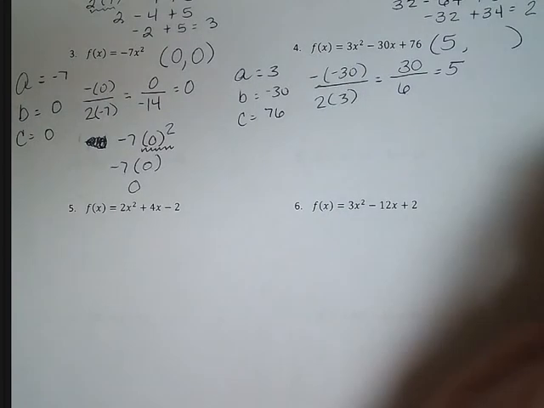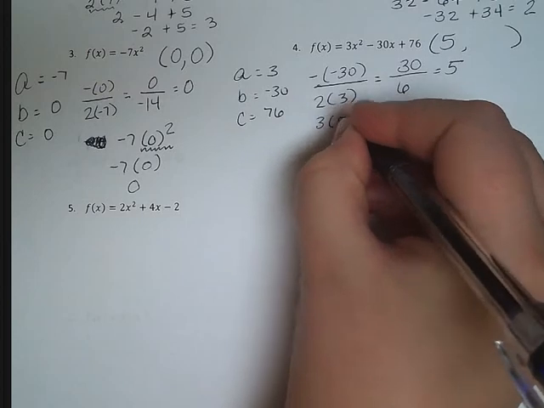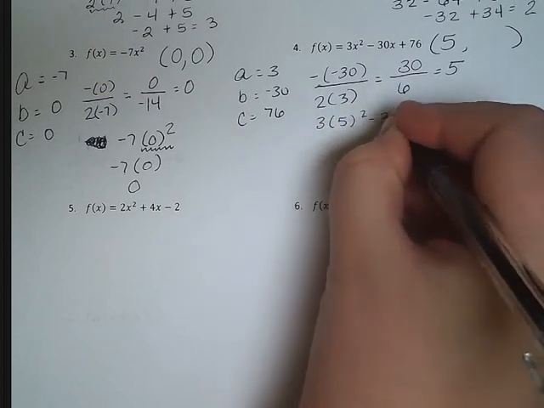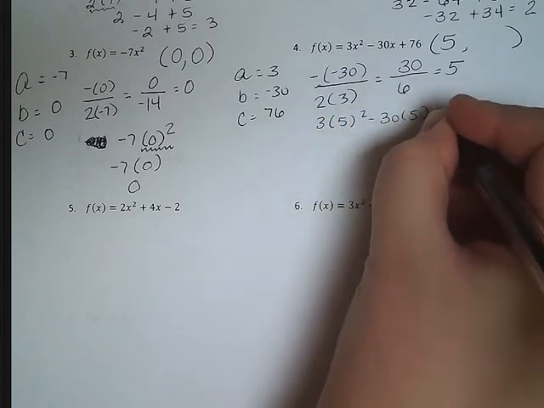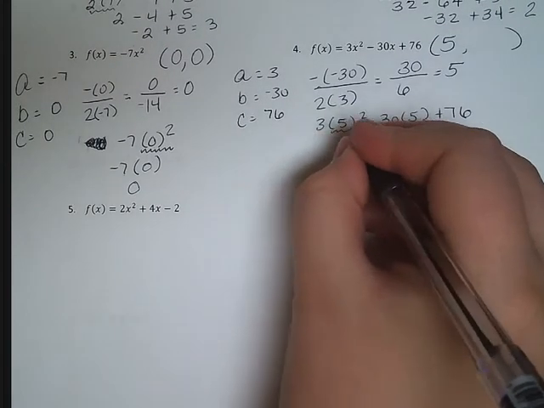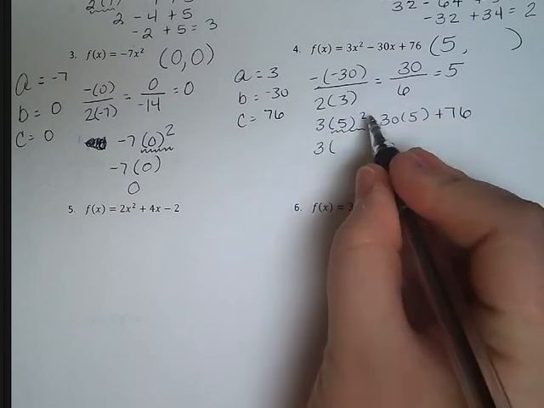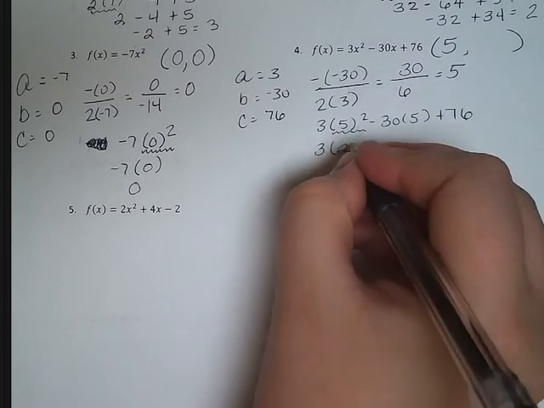Now we plug it back in. And we have to do our exponents first, so we're going to bring that 3 down. 5 squared is 25.